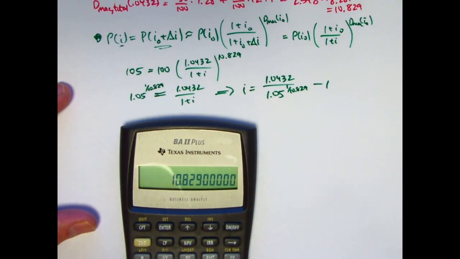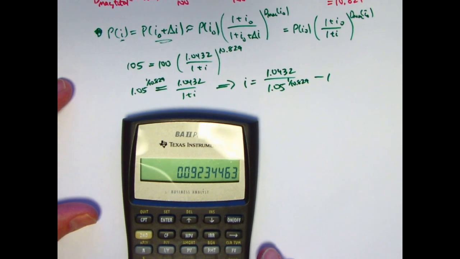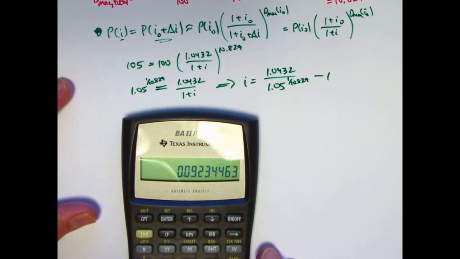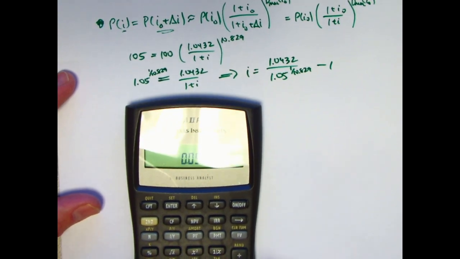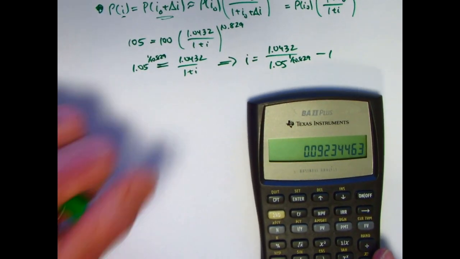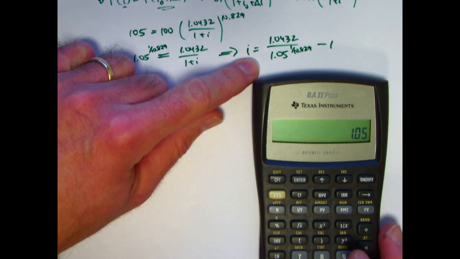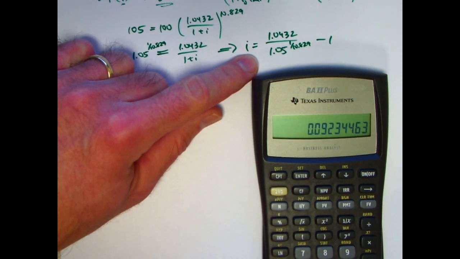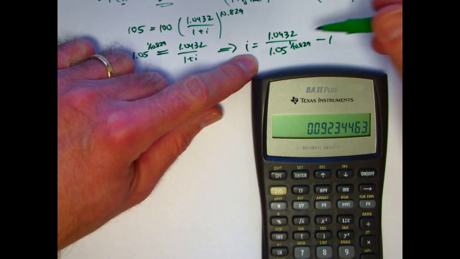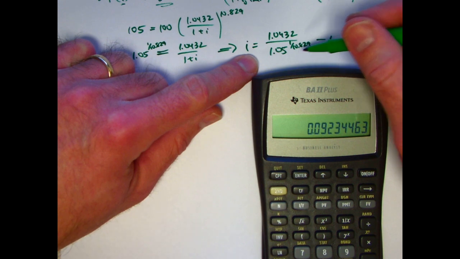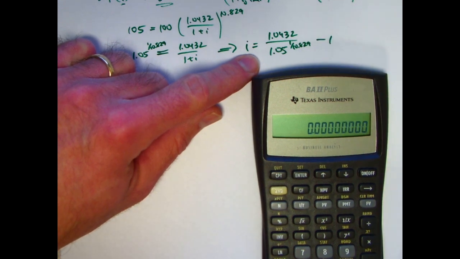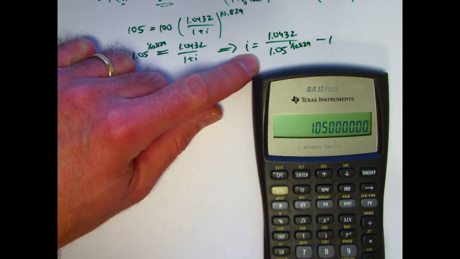Let's take the reciprocal of 10.829, reciprocal button. The reciprocal is about 0.0923. I'll store that in register 0. I need to take 1.05 raised to that power. That becomes the denominator of this fraction. I think I didn't do it there. Let me try that again. 1.05 raised to that power.